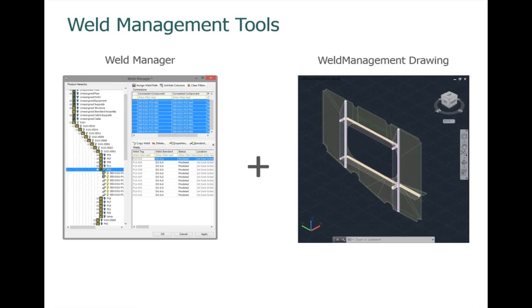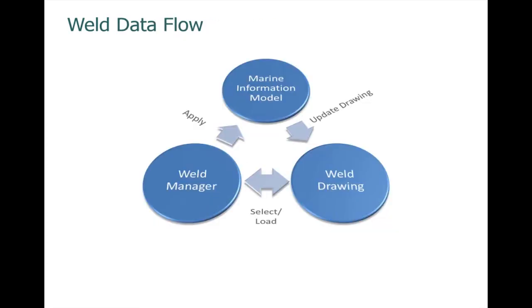That's because we're not actually editing parts in the drawing, it's a view of those welds. So you're going to see this save and then update process that's familiar for working with production drawings as part of working with the welds and the weld management drawing. That said, unlike the traditional model drawings and production drawings, there is some synergy between the Weld Manager and the weld drawing.